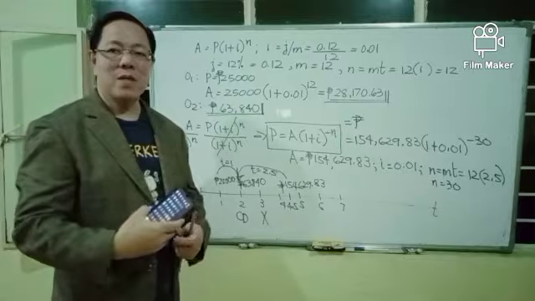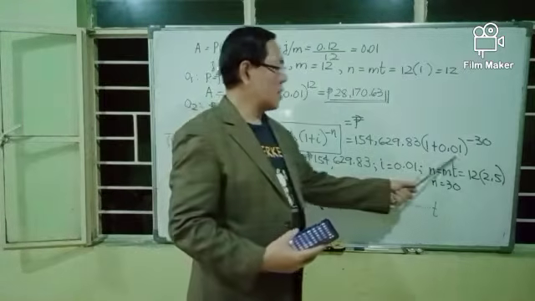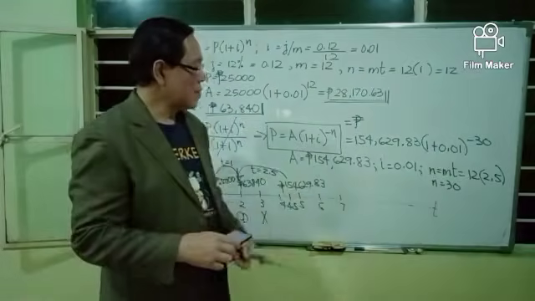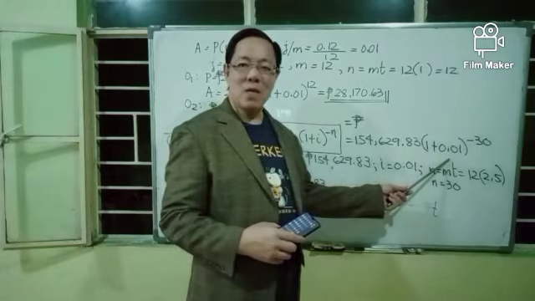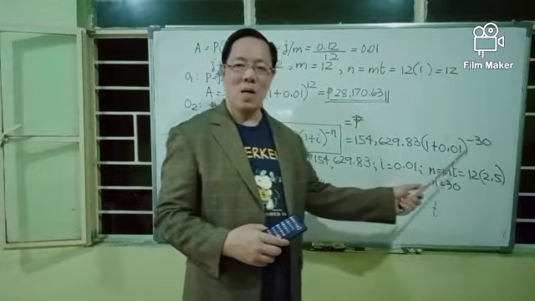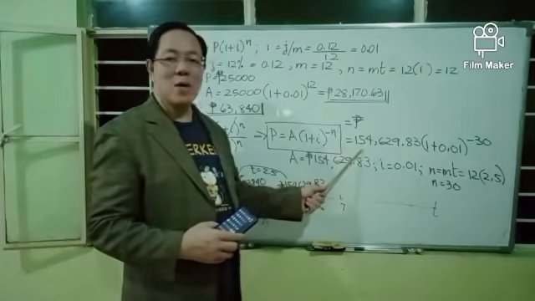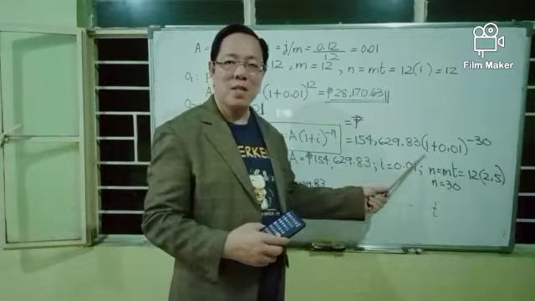And we compute this value in our scientific calculator. Again, we start with 1 plus 0.01, press equals, and the answer you raise to the power negative 30, press equals, and the answer multiplied by 154,629.83.